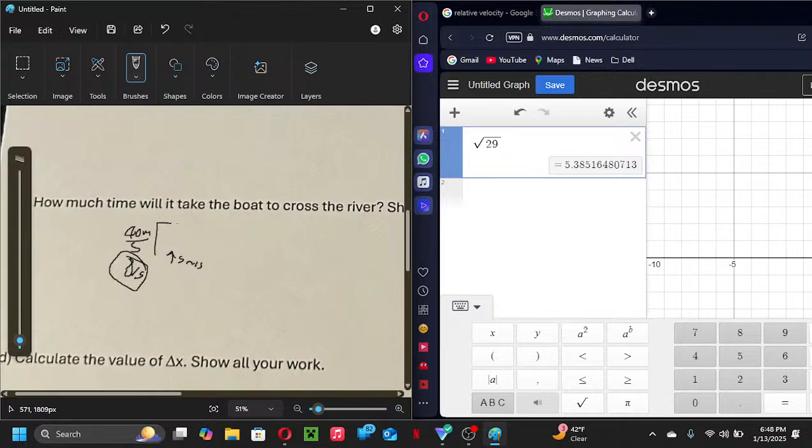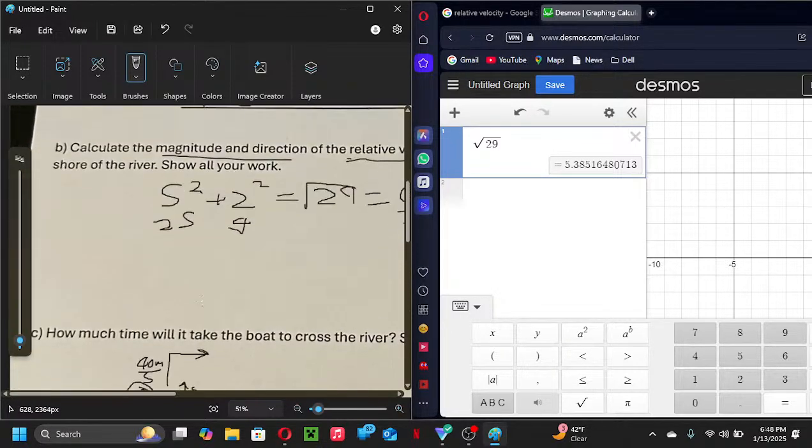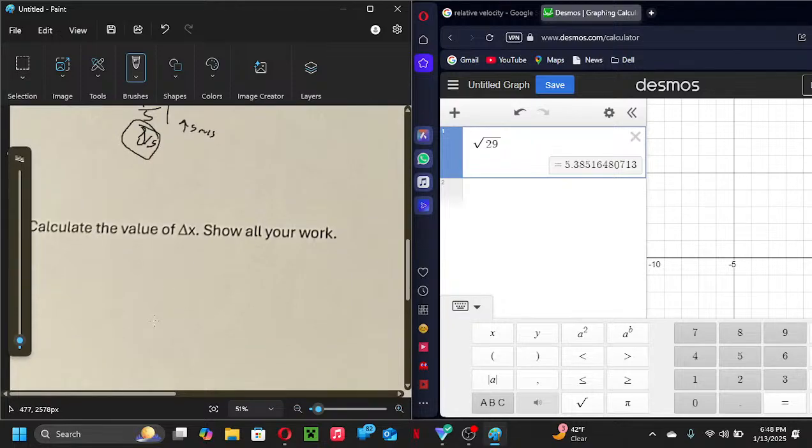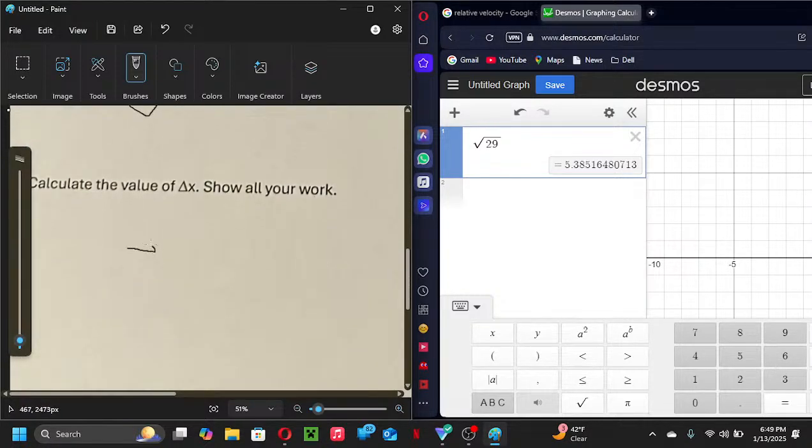It's also going to go east in that time. Next: calculate the value of x. That's what we're doing now. It's going to take 8 seconds to make the trip, and it's going 2 meters per second east. So all we have to do is multiply 2 by 8, because you get 2 meters every second. 2 times 8 is 16.